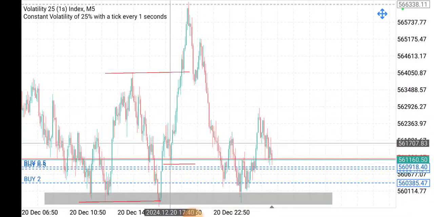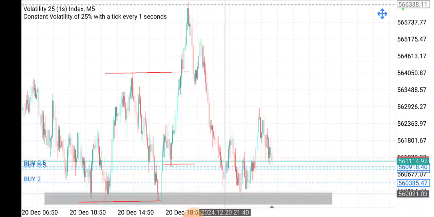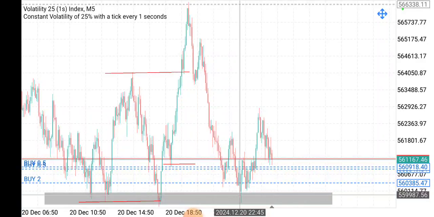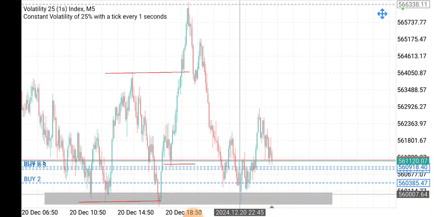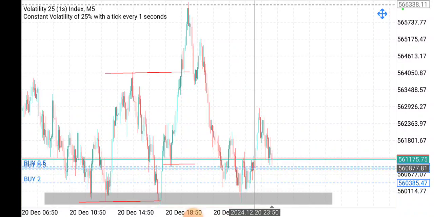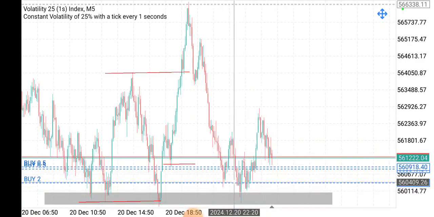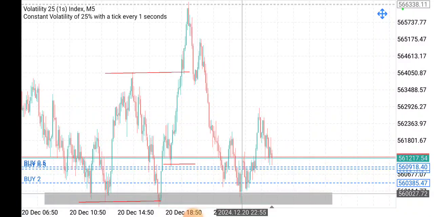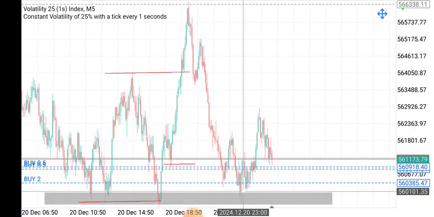So all I have to do is wait for the market to come back to this order block, which it did right here. I didn't enter the trade early. I got on the trade here, and I added more positions here. This is where I should have made my entry. I should have put a buy limit here, so that immediately the market touched my price, it would trigger the trade.